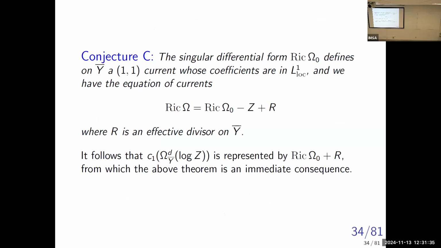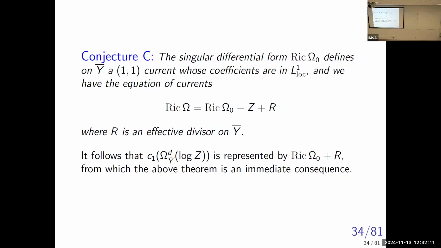Here there's a nice open problem. In the open case, this defines on the closure a 1-1 current. So it's a differential form that has, if you like, mild singularities. It's integrable. And the conjecture is that you have an equation of currents where the Ricci form on the open part is given by this minus Z, that's the divisor at infinity, plus the ramification.